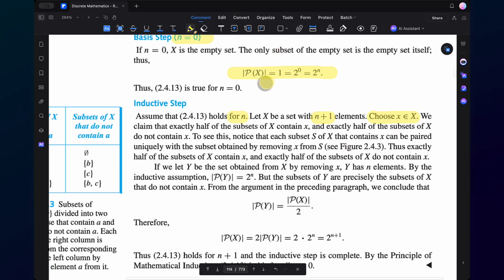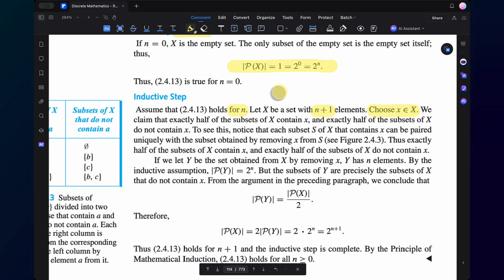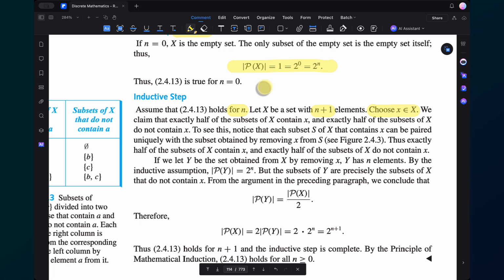Okay, we're back here. We just showed that the number of subsets of X that contain x is the same as the number of subsets of X that do not contain x. If we let Y be the collection of all sets that do not contain x, then that is a set that has just n elements because we've removed x from the set X to get it.